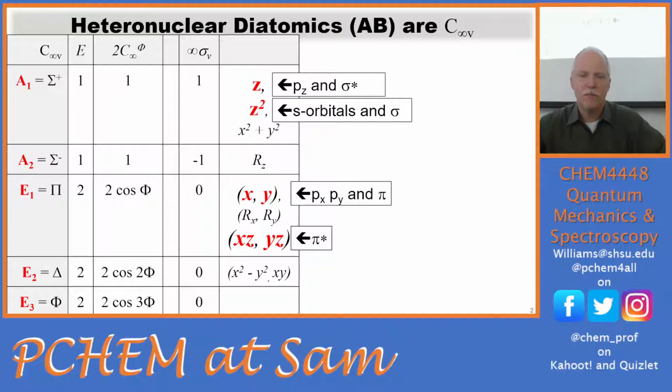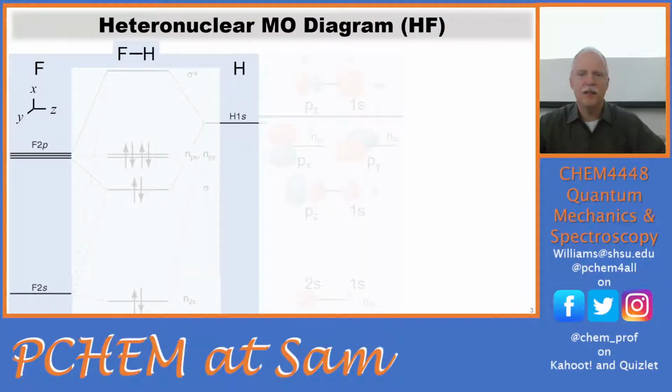Okay. So let's look at just a simple molecule, HF. First of all, let's focus on the atoms. Notice where the H 1s is. So your highest orbitals are going to be roughly the same energy. So I would not have counted off if you had written the 1s orbital right here, right?